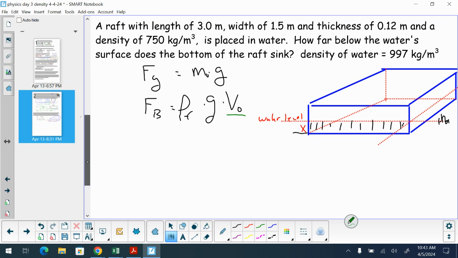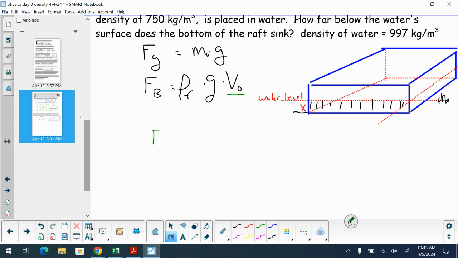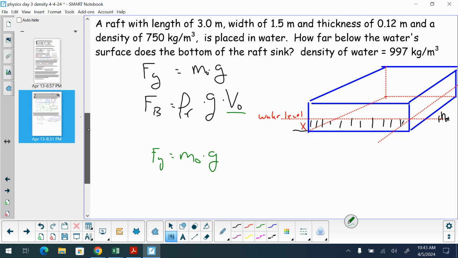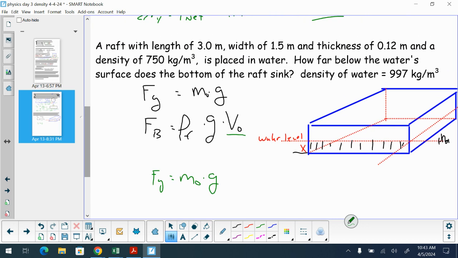Well, if we first deal with the force of gravity, it's mass of the object times gravity. What we are given: a length of 3 meters, a width of 1.5 meters, and a total depth from here to here of 0.12 meters.